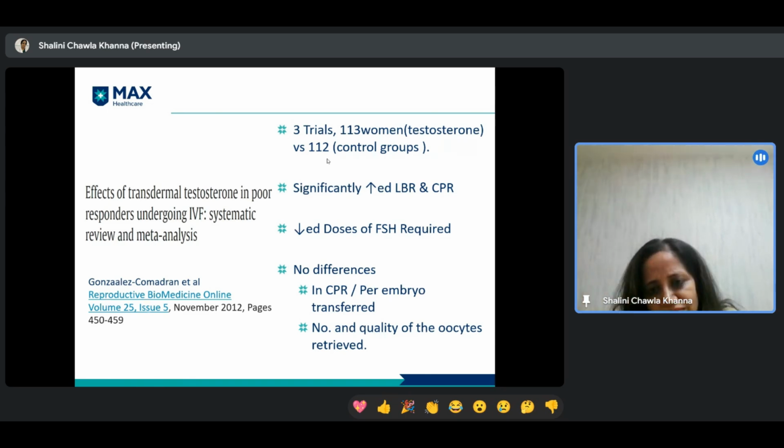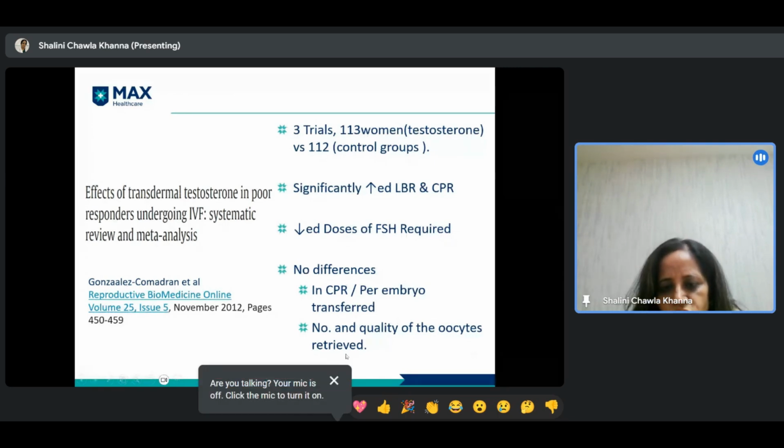It also helped in reducing the dose of FSH required. But overall there was no difference in the clinical pregnancy rate per embryo transferred, and they did not find any difference in the number and quality of oocytes in both the groups.